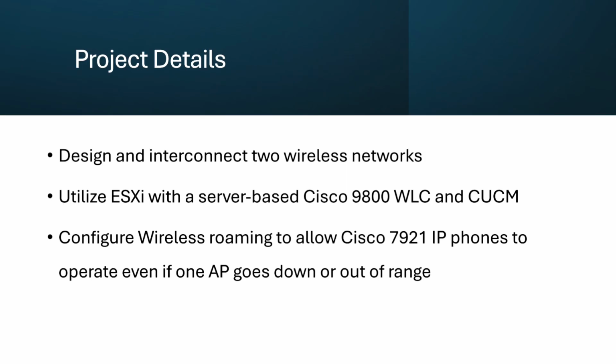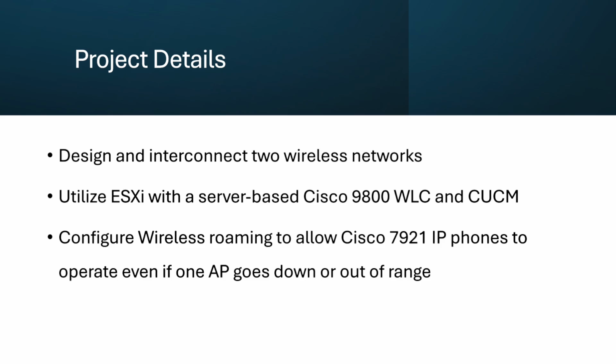I'll start with some project details. We decided to do the wireless IP telephone project. We connected our two wireless networks that we had from the labs that we've been doing all semester.